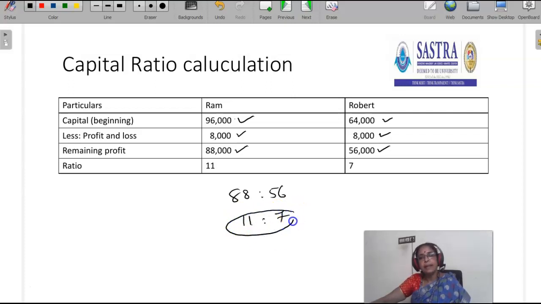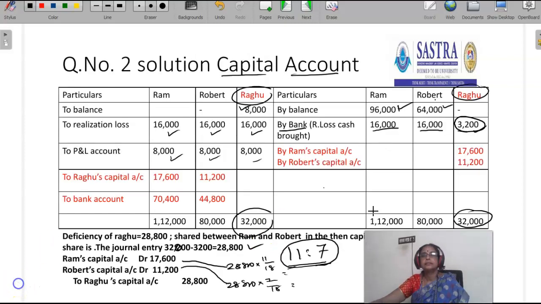So the then capital ratio of solvent partners Ram and Robert is 11:7. So the deficiency of Raghu's capital account should be shared between Ram and Robert in their capital ratio, that is 11:7.